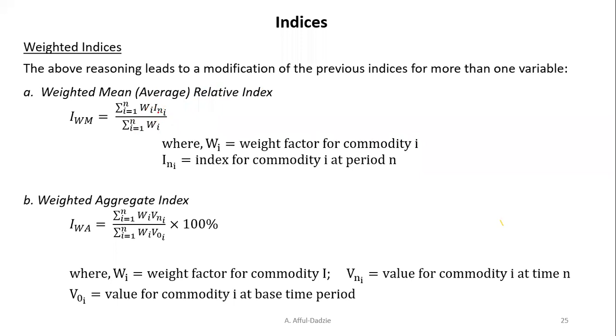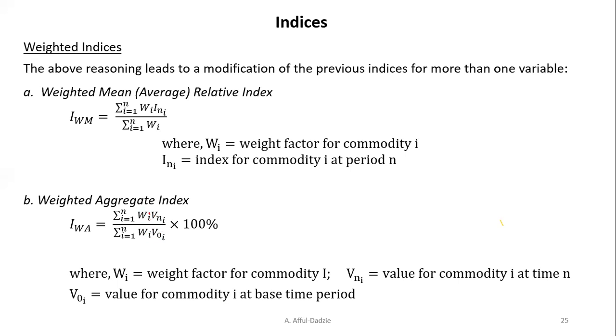Then in the case of our simple aggregate index, it will now become the weighted aggregate index. In the first instance, all we did was to take the sum of all the values at the current period divided by the sum of all the values at the base period.